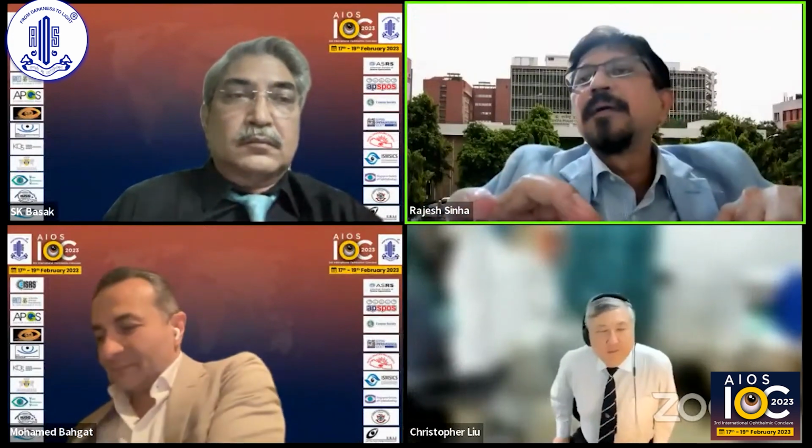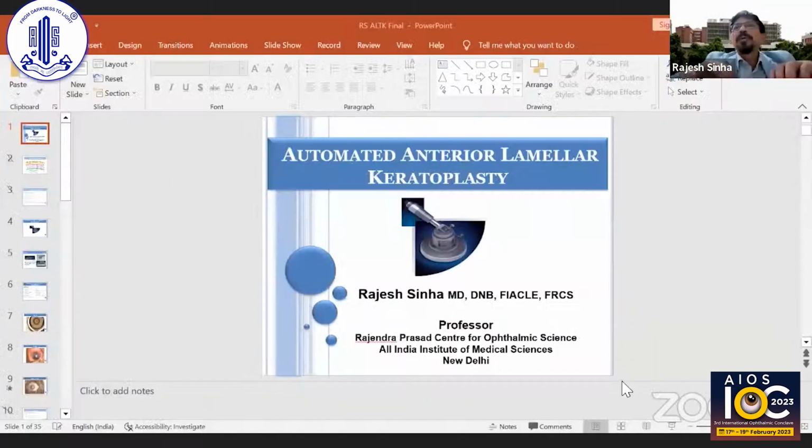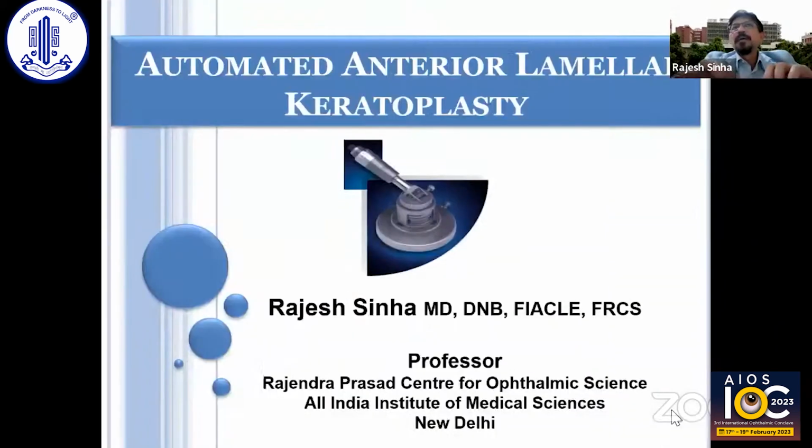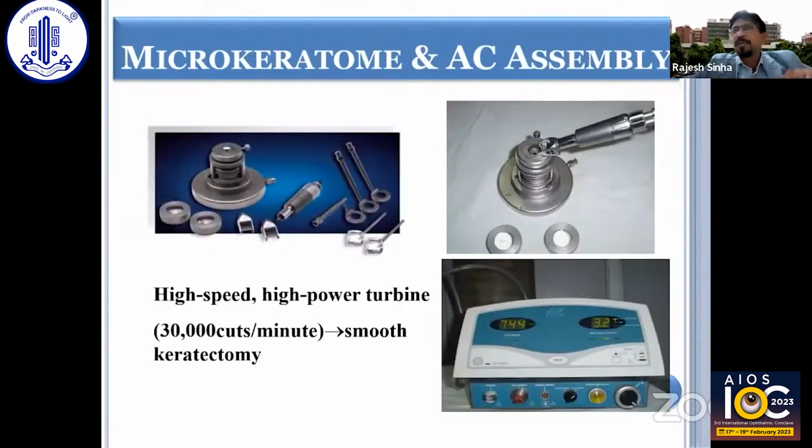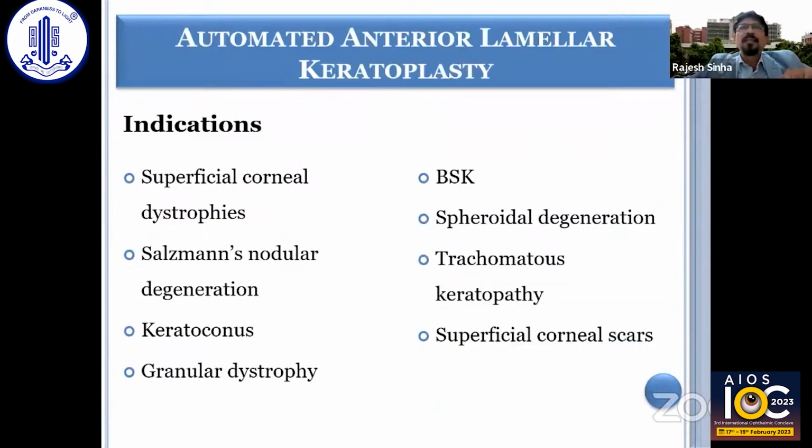I'll be discussing automated anterior lamellar keratoplasty. Very specific topic. It started with the advent of the microkeratome and the artificial chamber and this console. It was used, and is still being used, for superficial corneal dystrophies, superficial opacities, scars, granular dystrophy, band-shaped keratopathies, fluoral degeneration, trachomatous keratopathy.